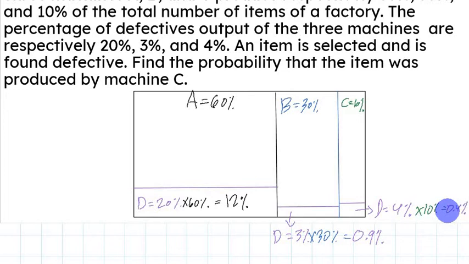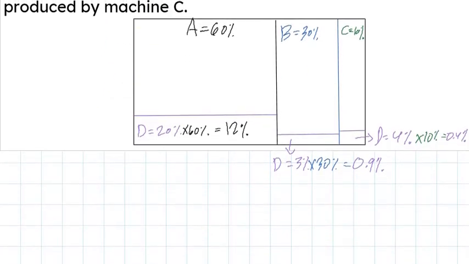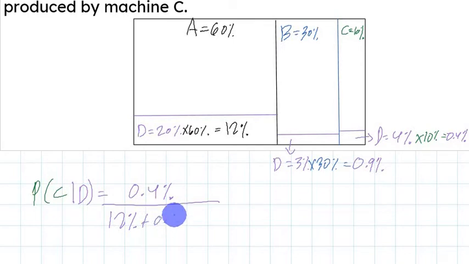What's the probability that the defective item will be produced by machine C? So overall, that's a 0.4% chance. But out of the defectives, the probability that the item is from machine C given that it's defective would be equal to 0.4% over your 12% plus 0.9% plus 0.4%.